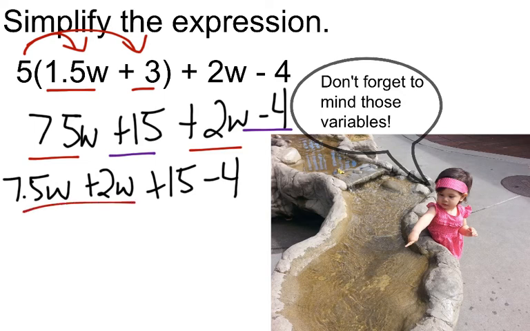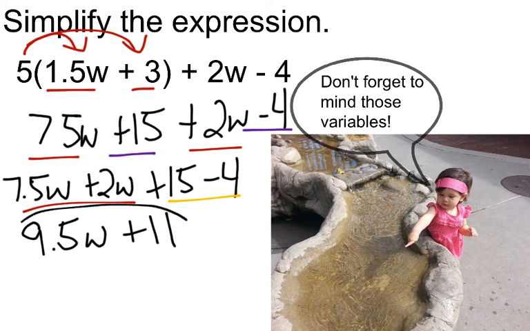Now I can combine my W's. 7.5 W's plus 2 more W's is 9.5 W's. And 15 minus 4 is 11. So my simplification, where I had to apply the distributive property, is 9 5/10 W plus 11. Make sure you're always double checking your distributive property.